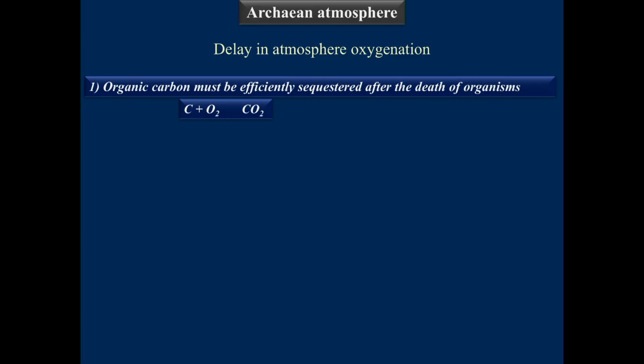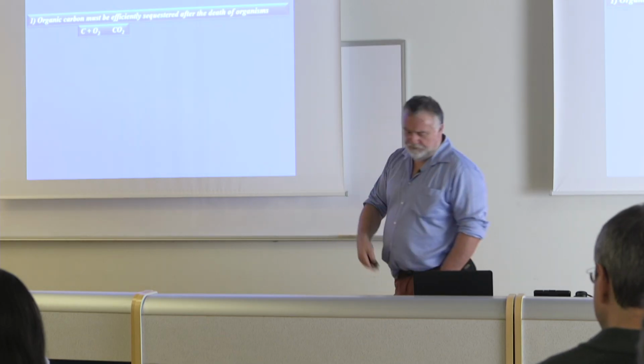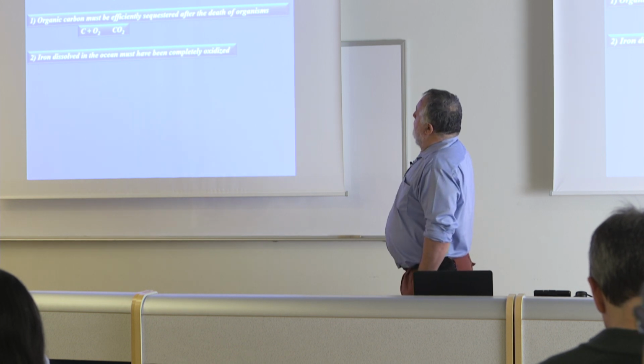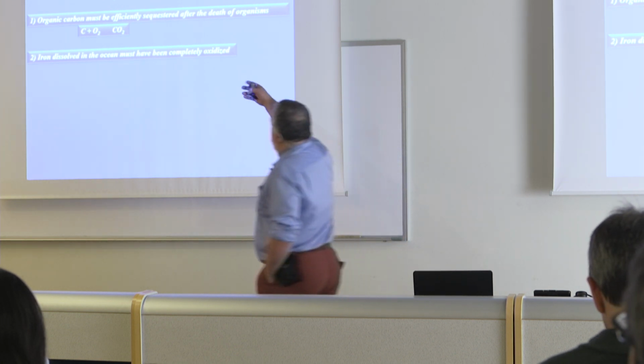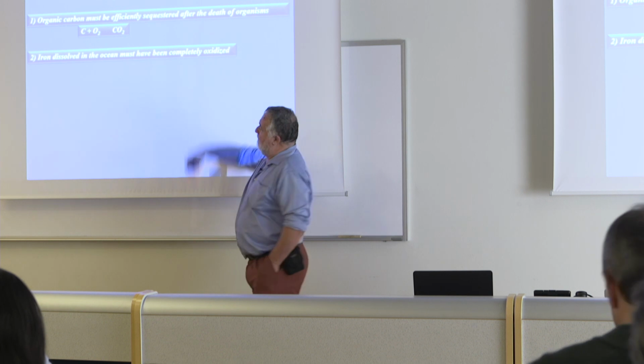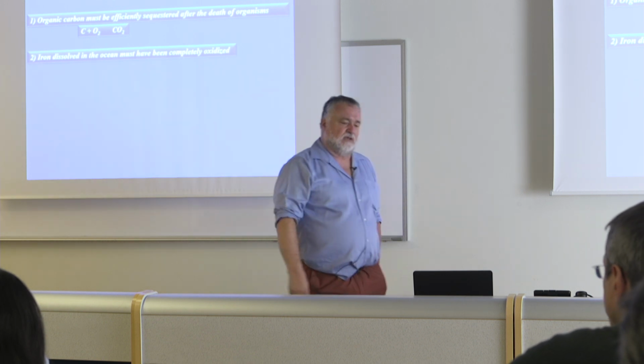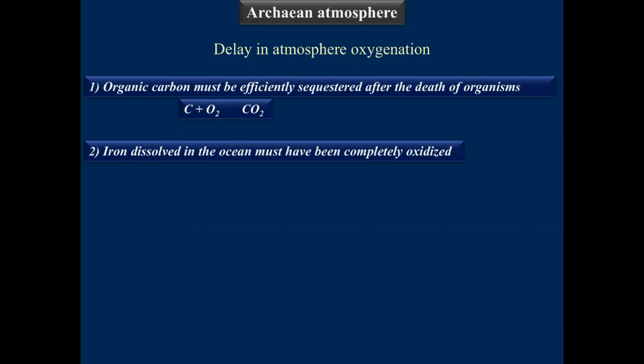Some people propose that in order to have oxygenation, we need to have organic carbon efficiently sequestered after the death of the organism, because if not, carbon will react with oxygen to produce CO2. Others propose that the oxygen dissolved in the ocean has to be oxidized before the oxygen moves to the atmosphere.